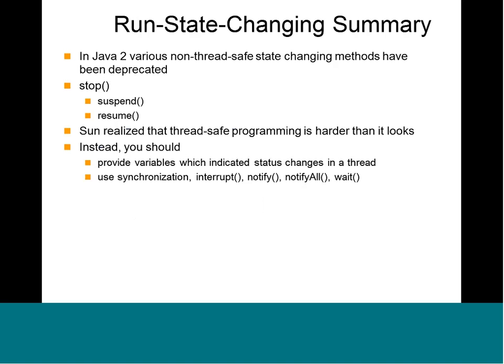Non-thread safe state. What is non-thread safe state? I am using synchronization. I have a monitor. I've got exclusive lock on the account object, and I'm updating the balance. I'm suspended.